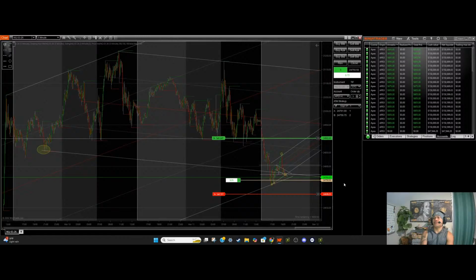Ugly. This is where your brain starts telling you, you should have taken profits, you should have sold. I've seen NQ rip in the opposite direction after a sell off like this and just keep going, right?